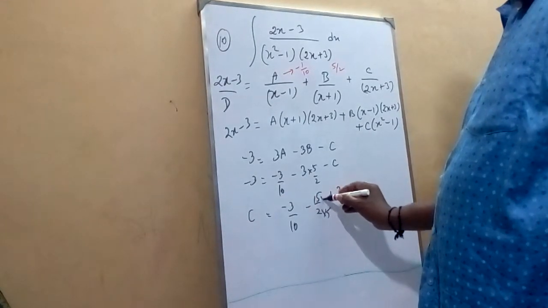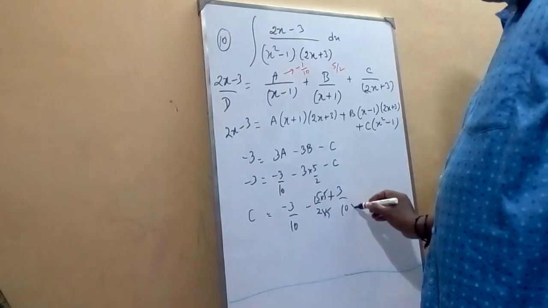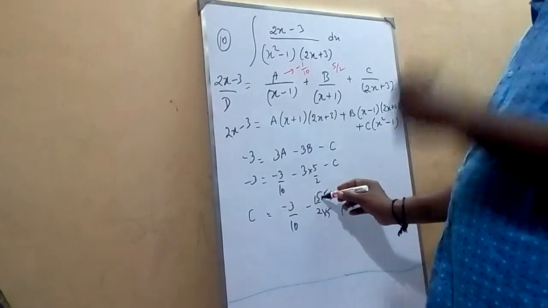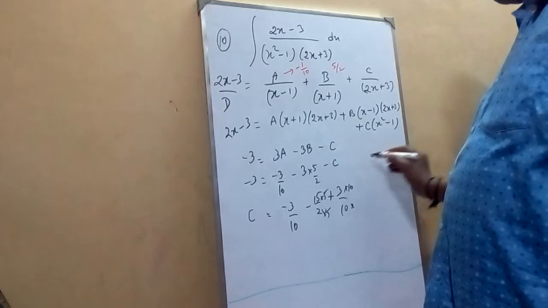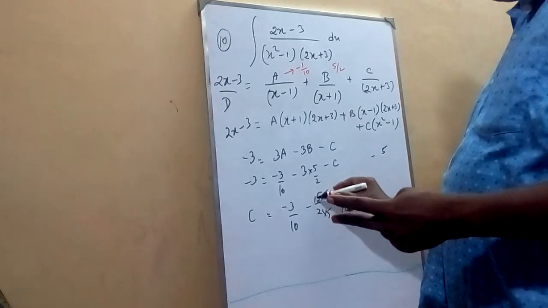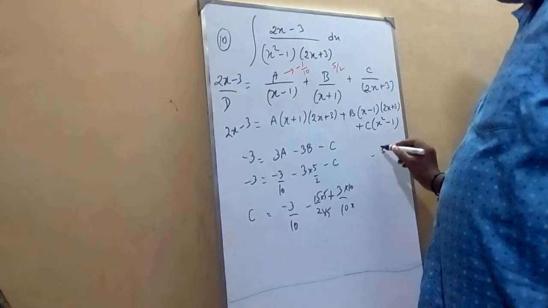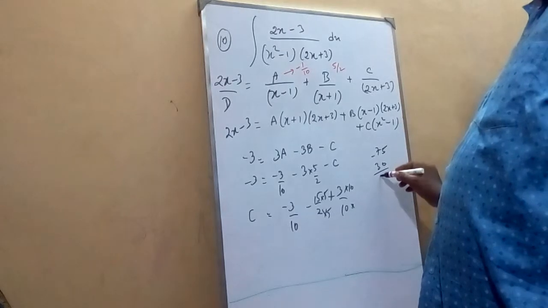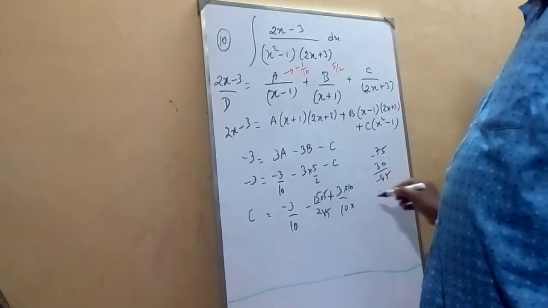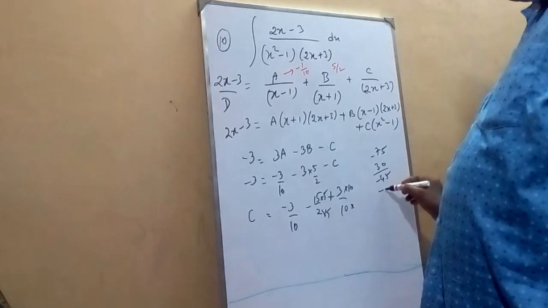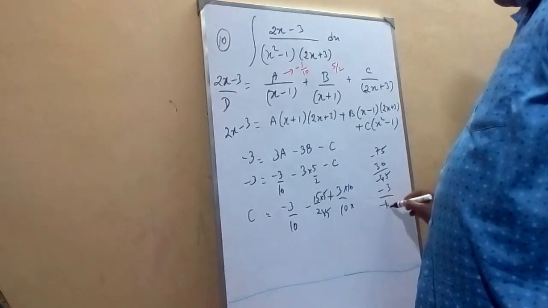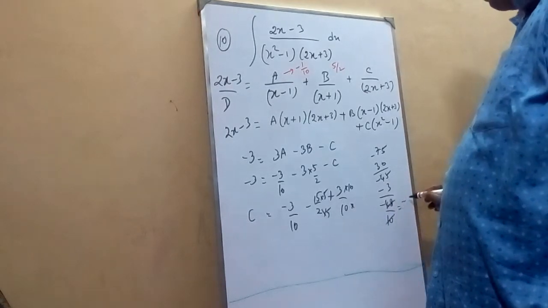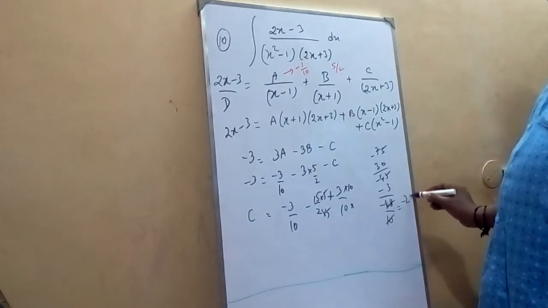Minus 3, then minus 15 by 2 is minus 75 by 10, plus 30. How much does it come to? Minus 48 by 10, which is minus 24 by 5.